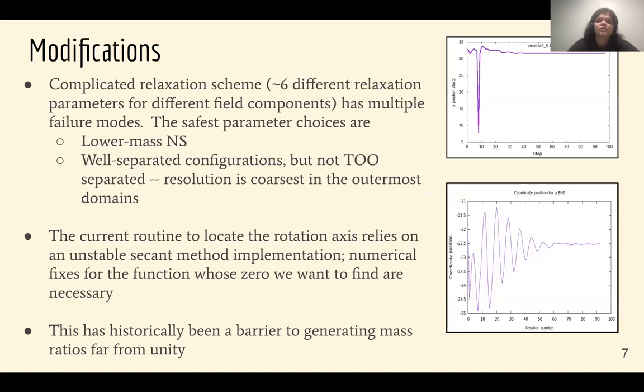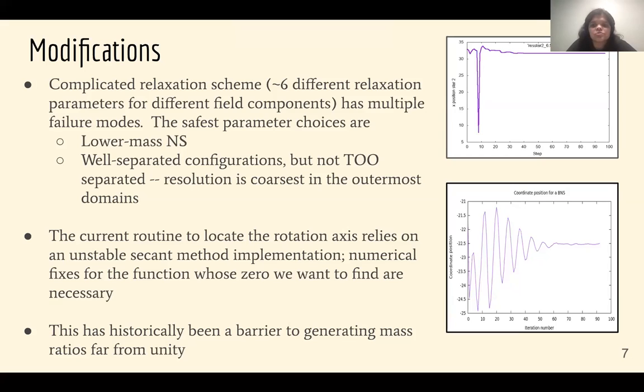Lorene uses a complicated relaxation scheme, and there are 6 different relaxation parameters for different field components. It had multiple failure modes, and the safest parameters for which we could get a stable configuration were low mass neutron stars and configurations which were well separated, but not too separated, because the outermost domains have coarse resolution.